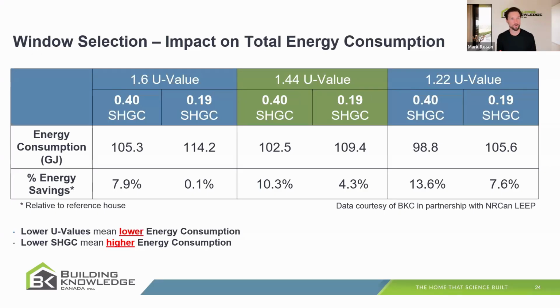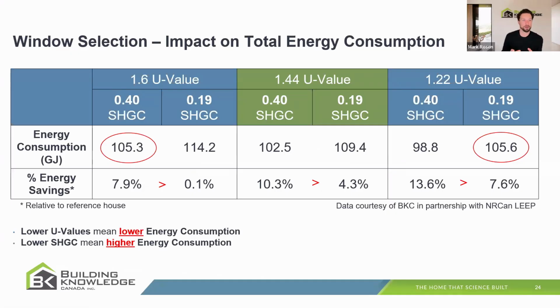These slides will be shared afterwards, so I encourage you to dive into these more complex tables in more detail on your own time. But I want to draw your attention here to a case study home that was modeled using 3 different U values of windows, 1.6, 1.44, and 1.2, and 2 different solar heat gain coefficients for each window. Sorry, I'm trying to control this. There we go.